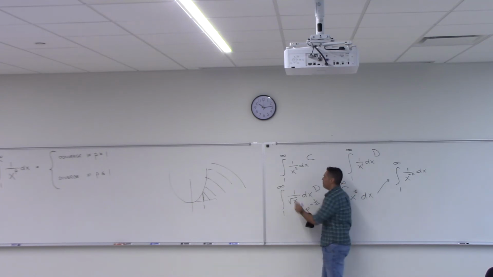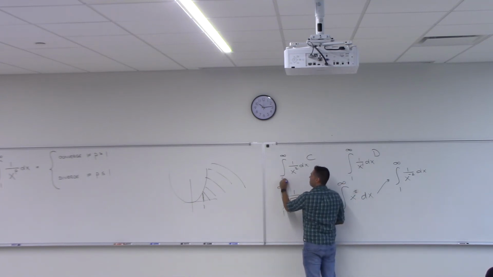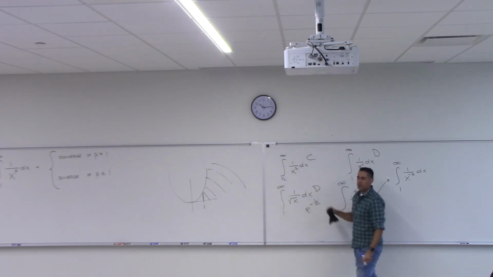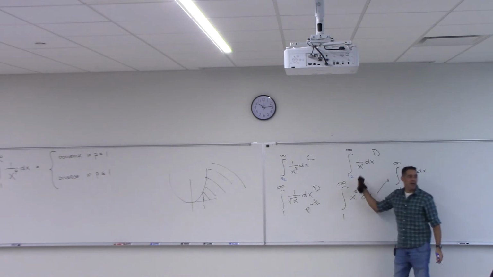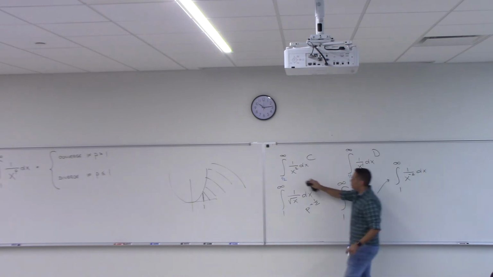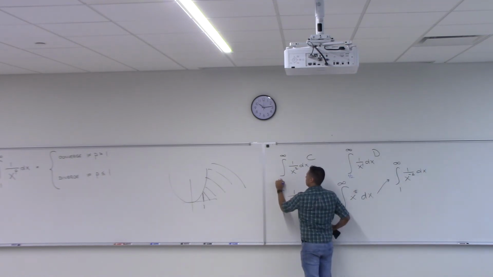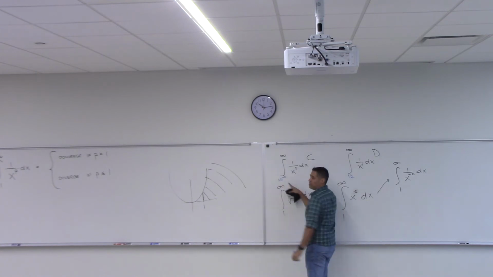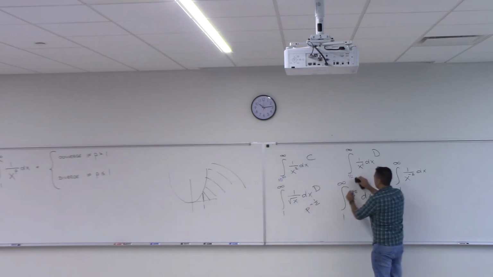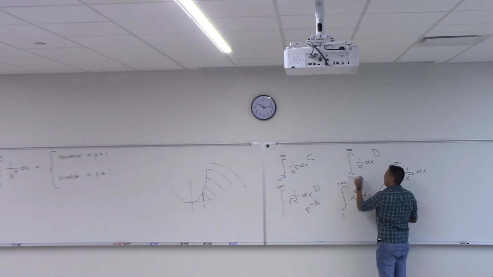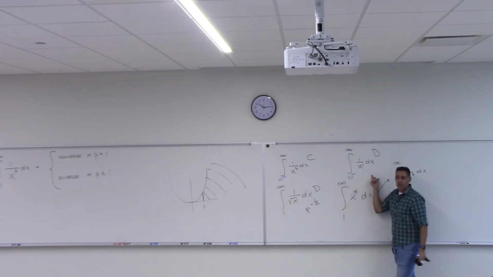All right, so I can make this number 1/2, and I'm still going to get convergence. If I change this to 1/2, I'm still going to get divergence. If I change this to 10 to the 20th power, a huge number, it's still convergent. If I change this to 10 to the 20th power, huge number, it's still divergent.